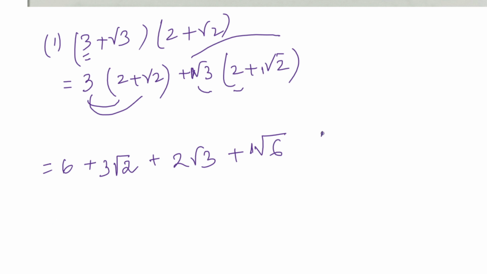So this is my answer because I cannot do further. This is my irrational number, root 2, here root 3, and root 6 is a different irrational number, so I cannot do further. This will be my final answer.